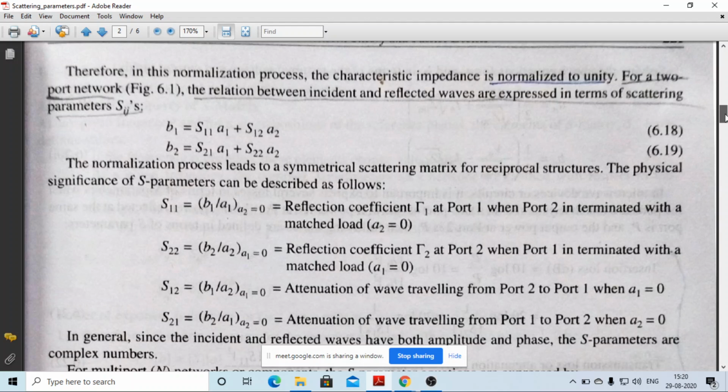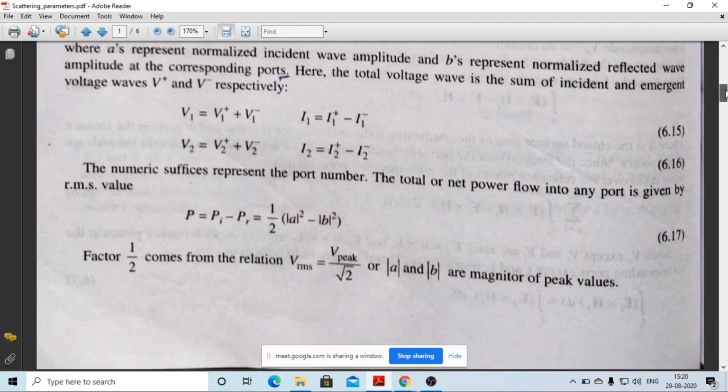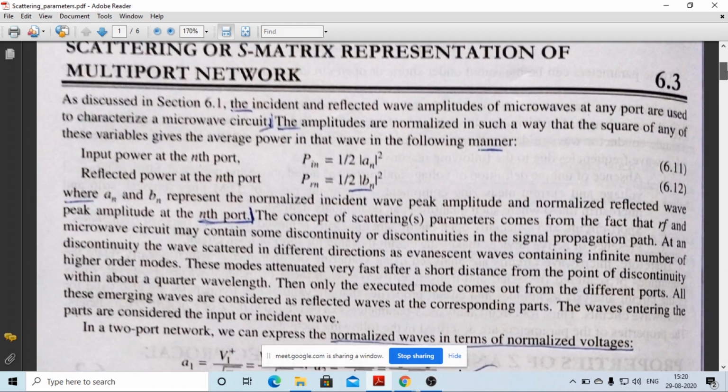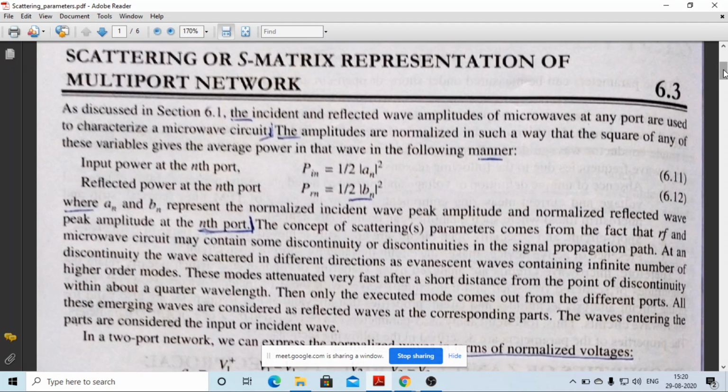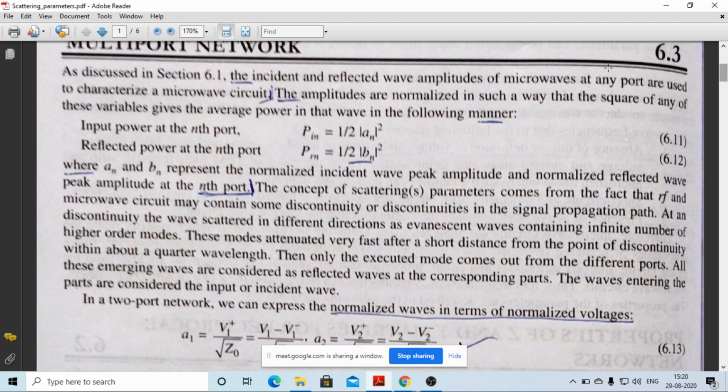Now understand the meaning of B and A. See here, we are discussing the normalized power or normalized amplitudes. The amplitudes are normalized.